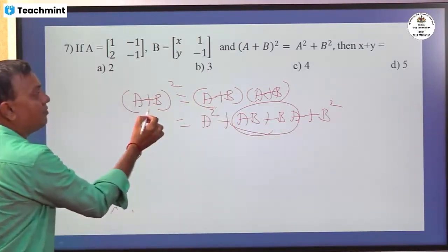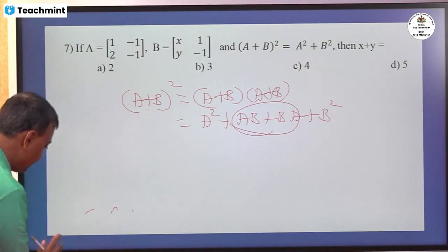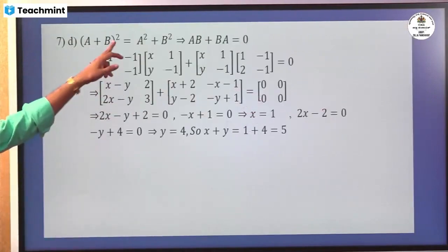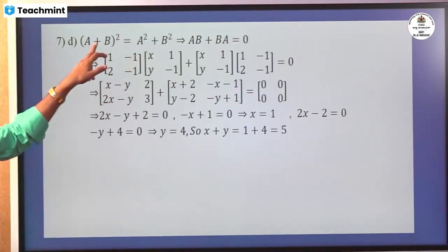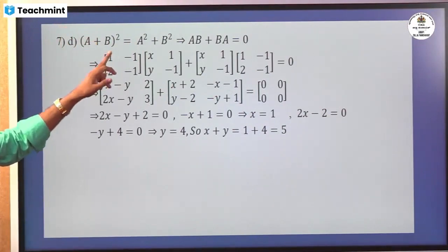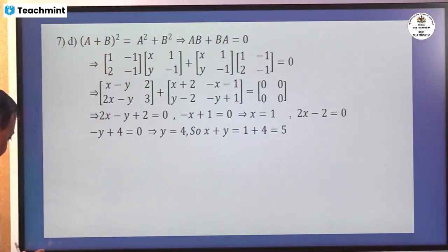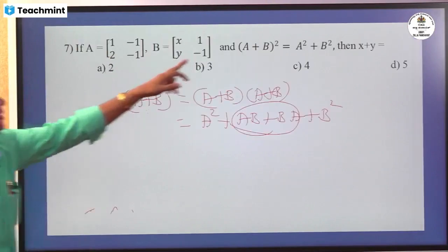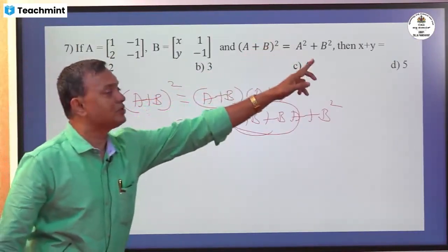So what should this become? A plus B whole square is equal to A square plus B square plus AB plus BA, and it is given to be equal to A square plus B square.